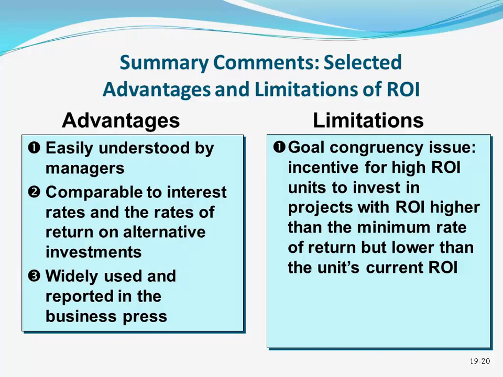Let's assume that you are an investment unit which has several investment projects, and your average ROI for all the investment projects, which is the ROI for your investment unit, is 16% or 0.16.